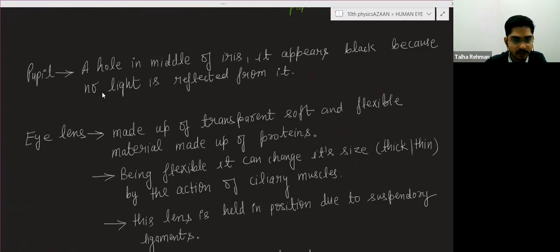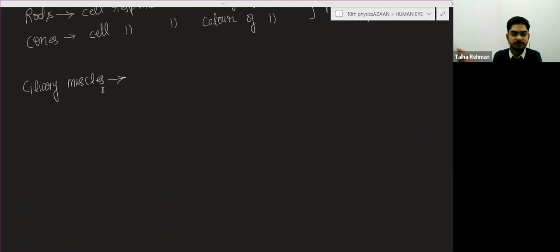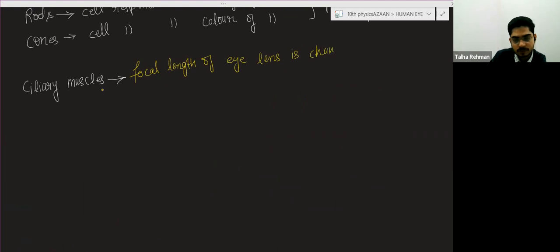So you can say the focal length of the eye lens is changed by the action of ciliary muscles.